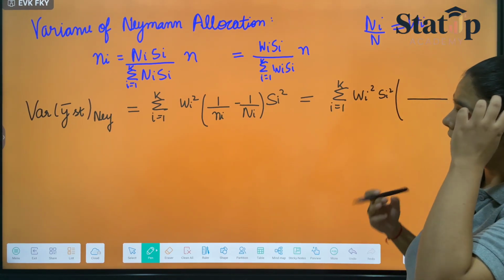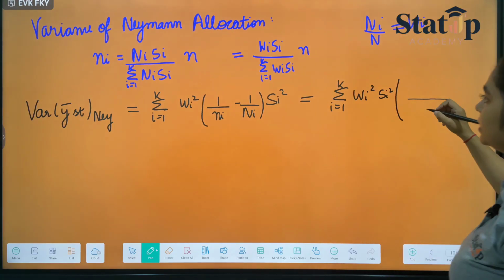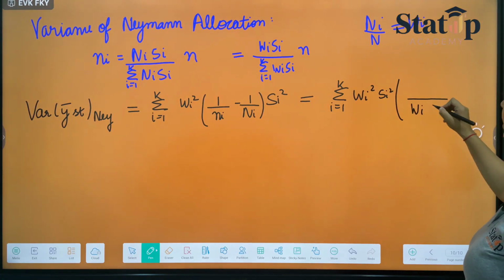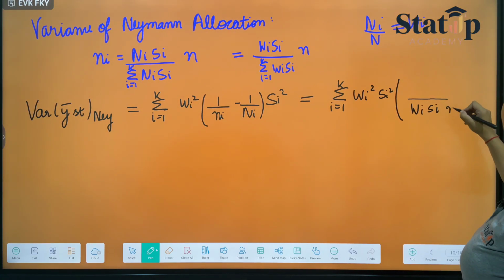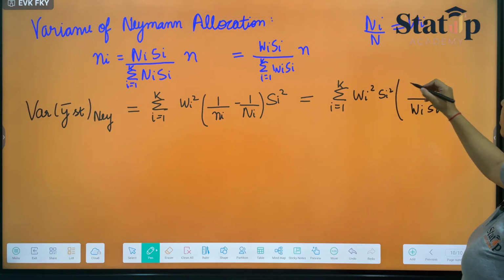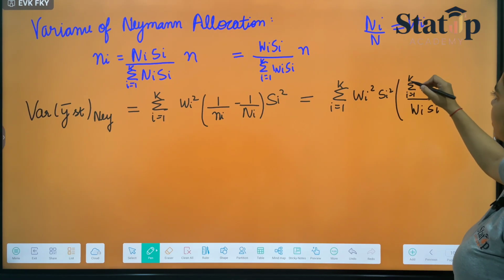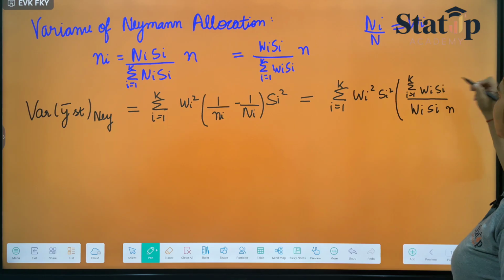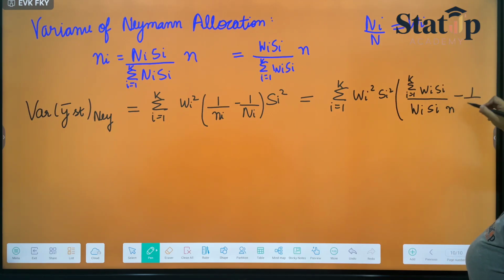So instead of writing Ni Si, we can write it as Wi Si n into summation i goes from 1 to k Wi Si minus 1 upon capital Ni.